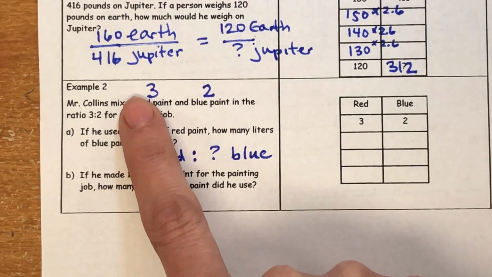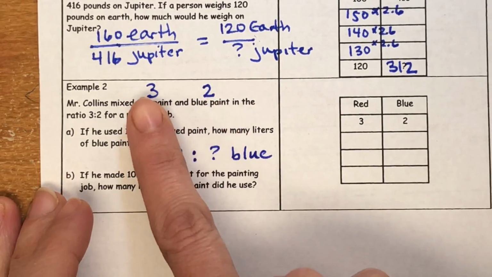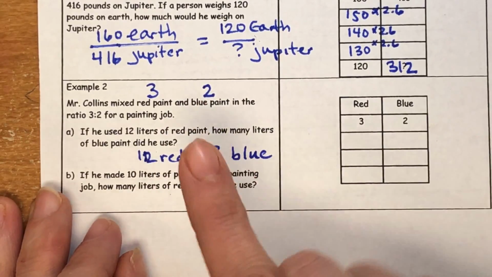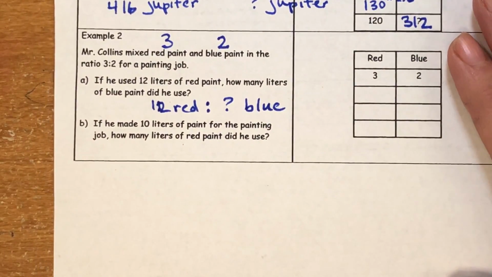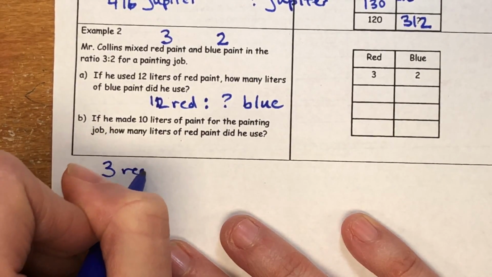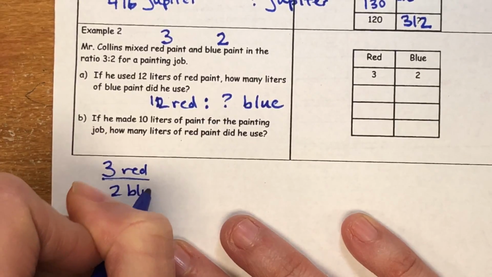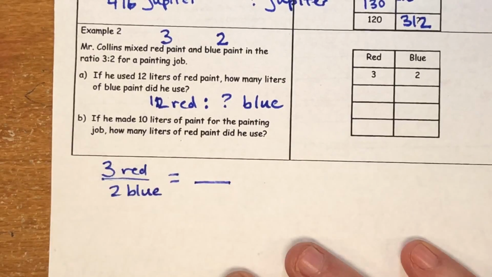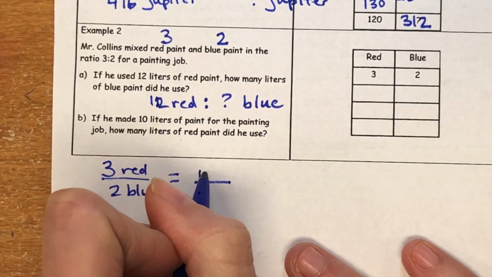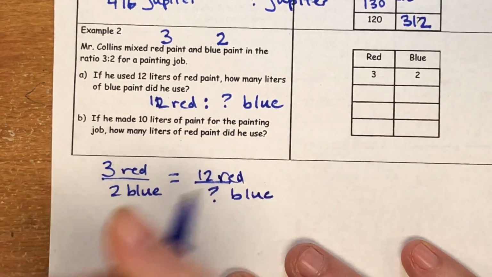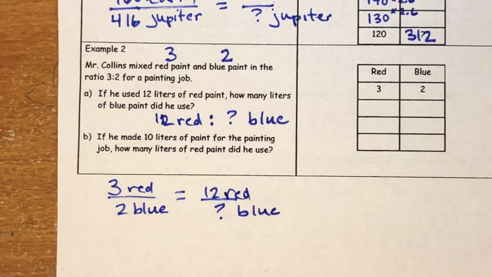If I know that there's a 3 to 2 ratio of red to blue paint, and I have 12 red, how many blue? Just like the other example, I can set this up as 3 red to 2 blue. Remember, that's one ratio. And the other one is 12 red to an unknown amount of blue. So how do I get from 3 to 12?